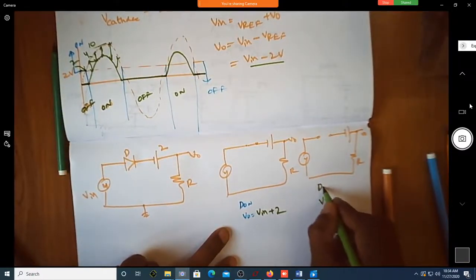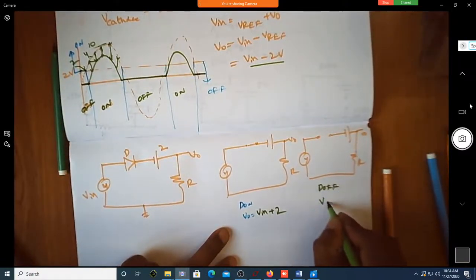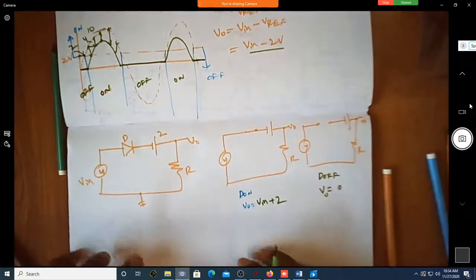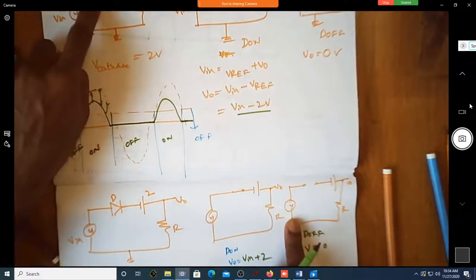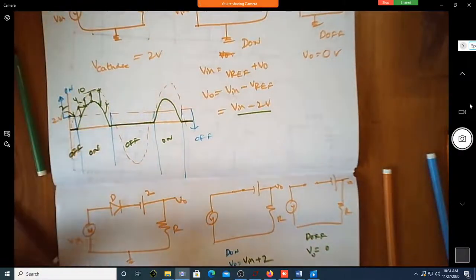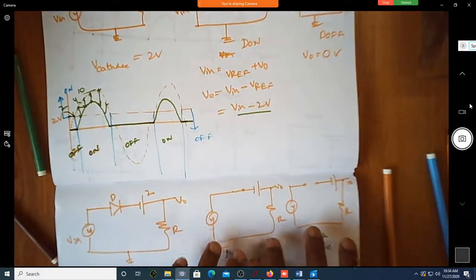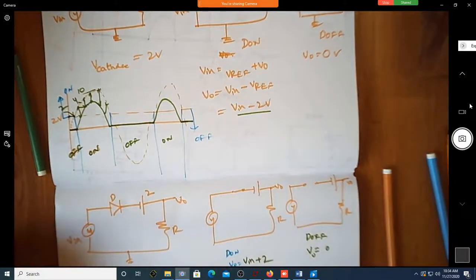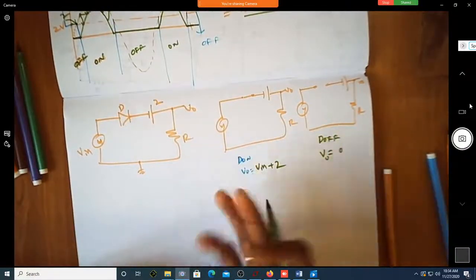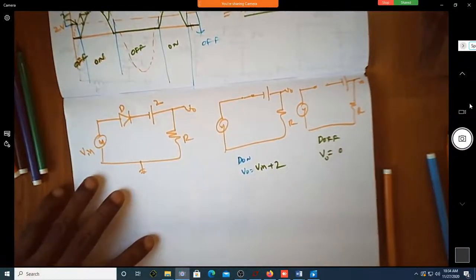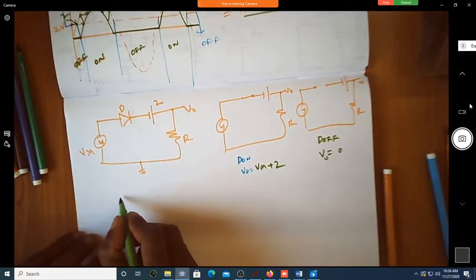When D is off, V naught is 0. Perfect. Since we discussed this one, we can easily write it. Suppose you are writing for the first time, then it is better you write it like this. Got it? So make a practice of writing the equivalent circuit so that it will be easy for you. Otherwise, you'll be in panic.